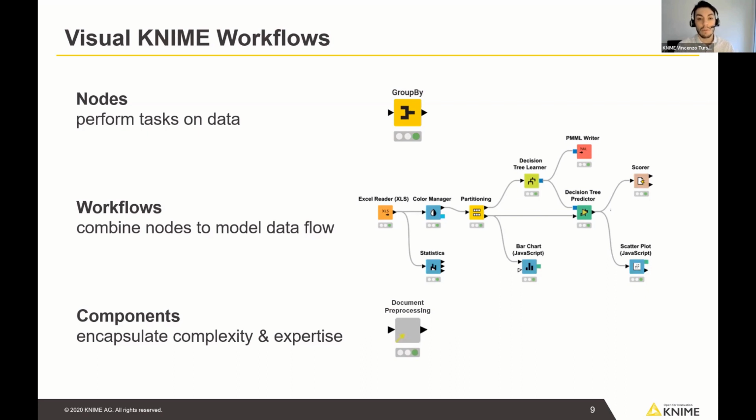In this case, we use a decision tree on the training set, and then we apply the predictor node on the unseen data. And of course, you can also score your model with a scorer node.